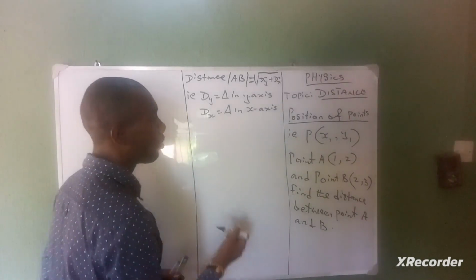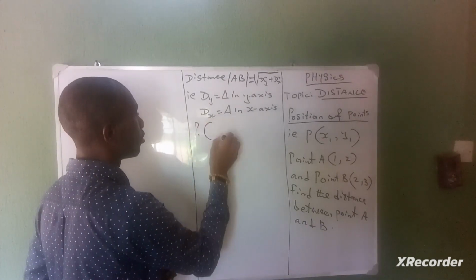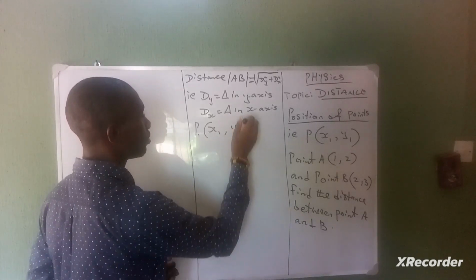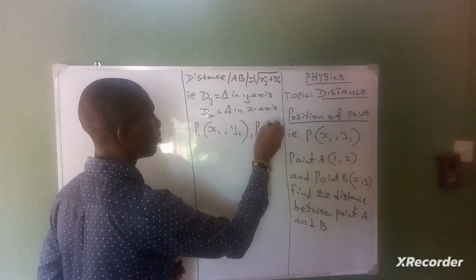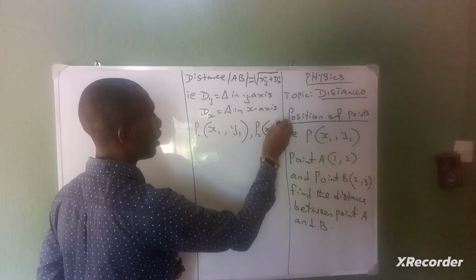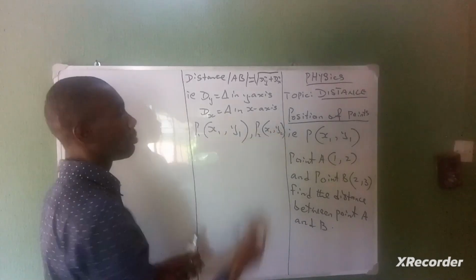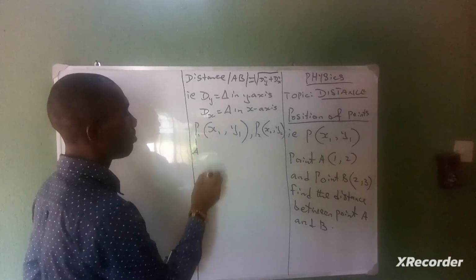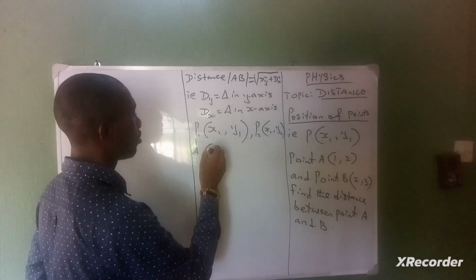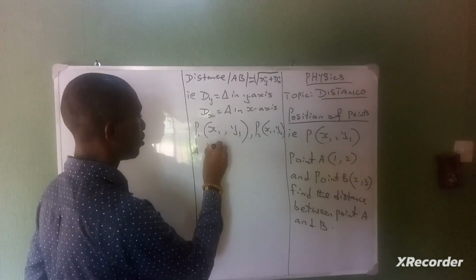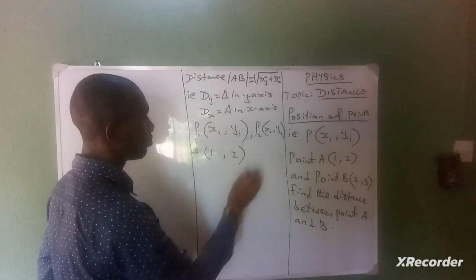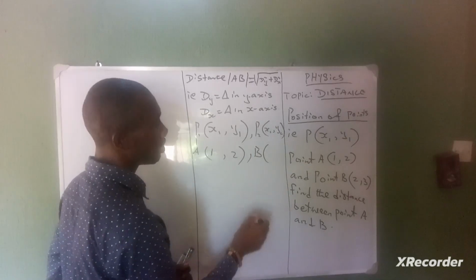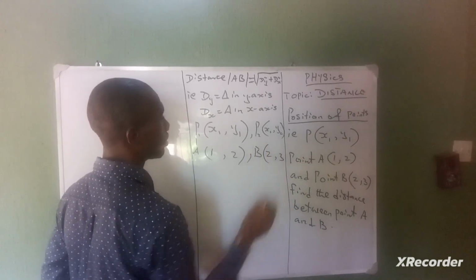So taking the positions of the point P1 to be (x1, y1), then we'll have P2 to be (x2, y2). Assuming that these are the positions of points representing A and B, and our A is our P1 to be (1, 2), and our B is our P2 to be (2, 3).